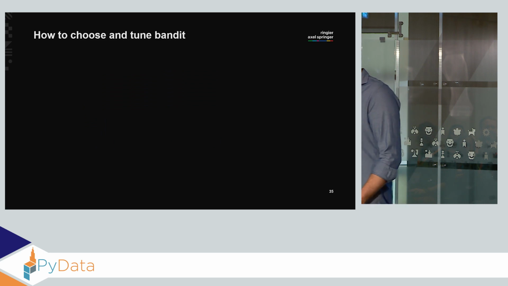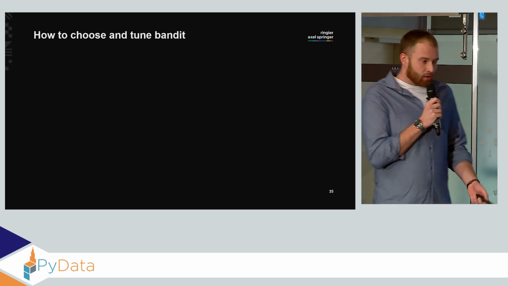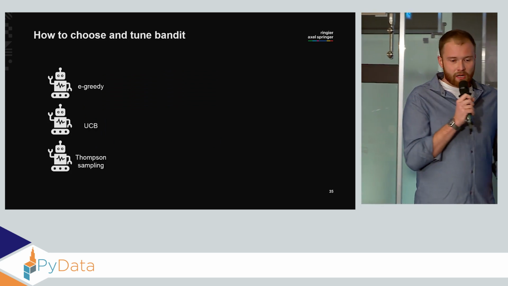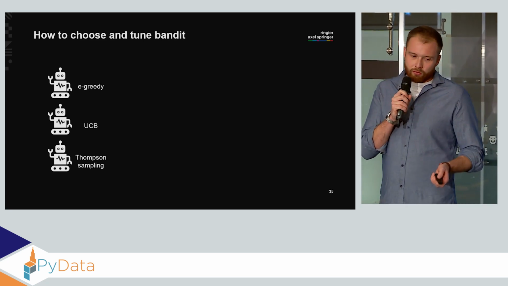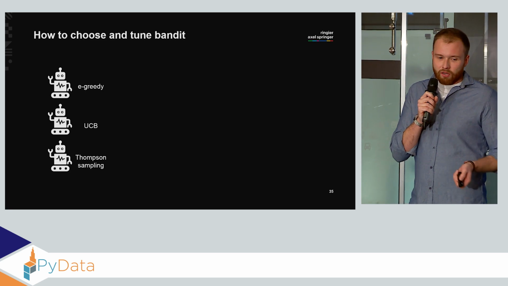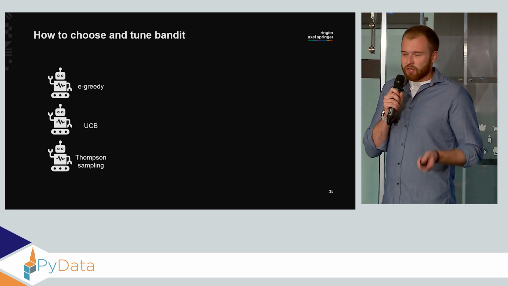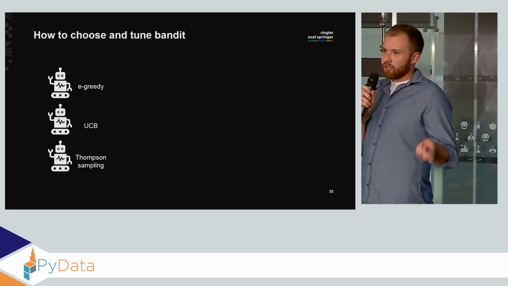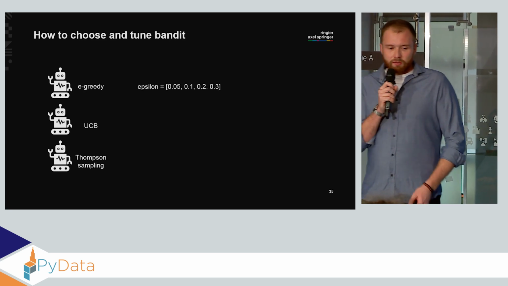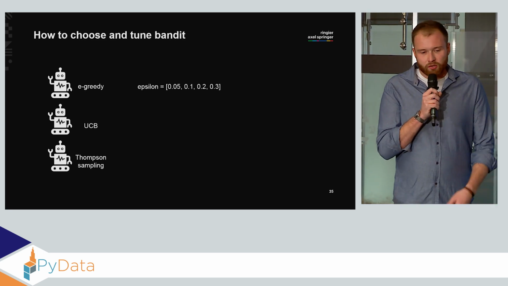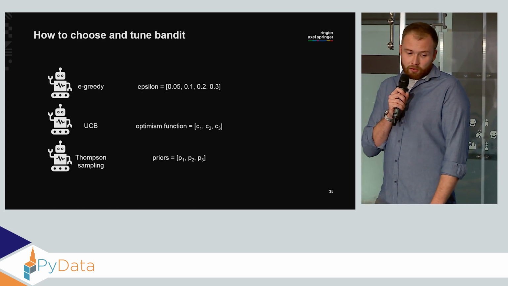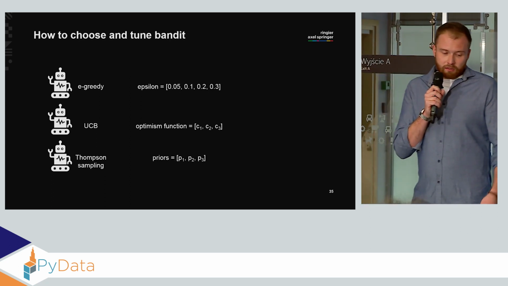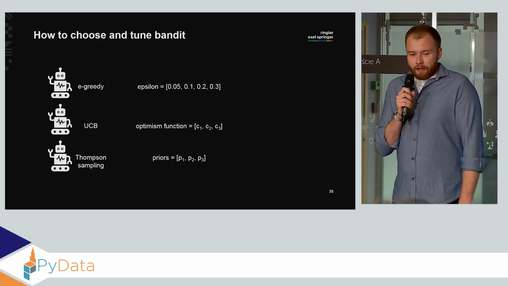Also, we know, and Dominik showed us, 3 different types of algorithm, and each type needs a tuned parameter which balances the exploitation and exploration. For epsilon-greedy it is of course epsilon, for UCB it is a C parameter, and for Thompson sampling, it's priors.